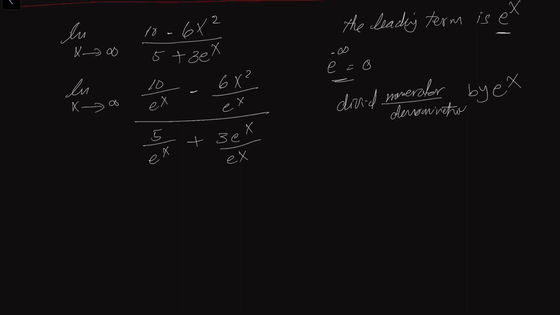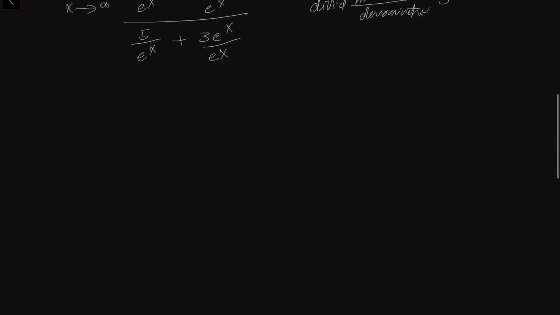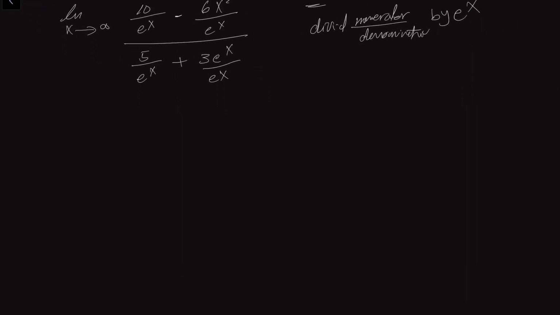So the limit as x approaches infinity is 10e^(-x) minus 6x^2 e^(-x) over 5e^(-x) plus 3, because the e^x terms cancel out.